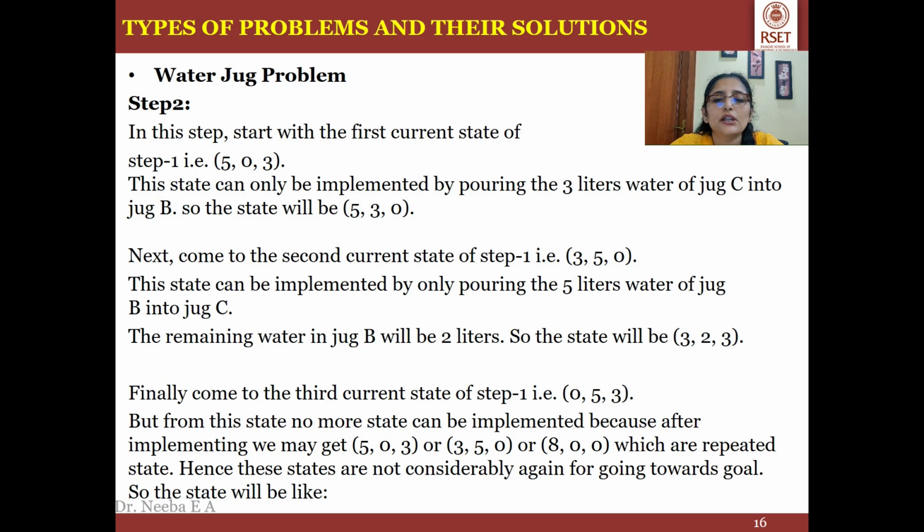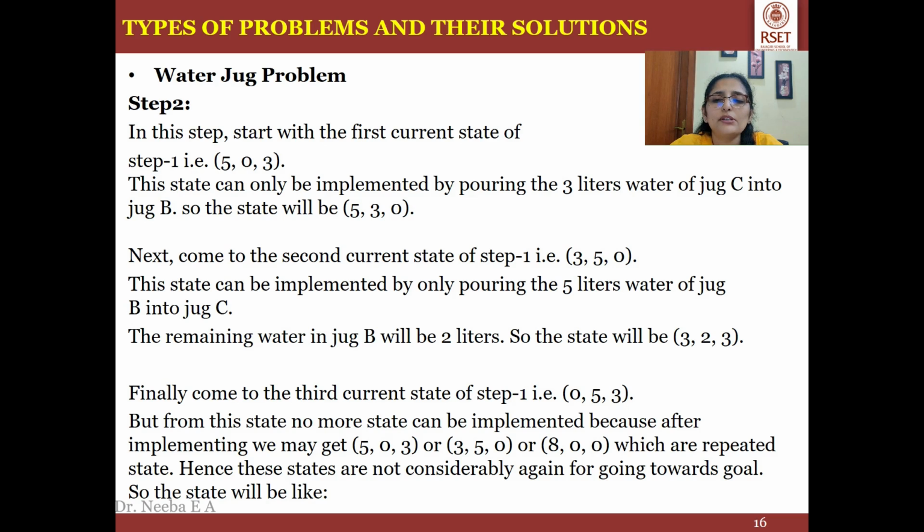Finally we come to the third current state of step 1, that is 053. Here what we can do is, there are 3 possibilities: we can pour the 5 liters from jug B to jug A, so that becomes 503, or pour the 3 liters of jug C into jug A, so that becomes 350, or both the 5 and 3 liters from jug B and jug C can be poured into jug A, that becomes 800.